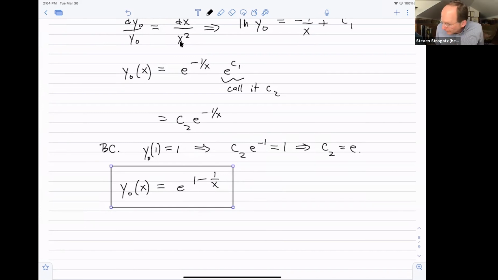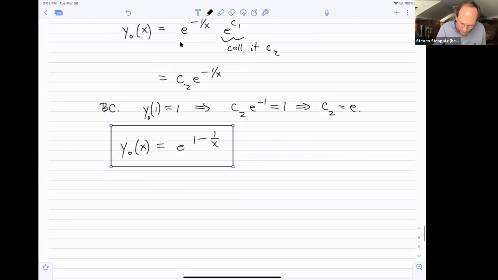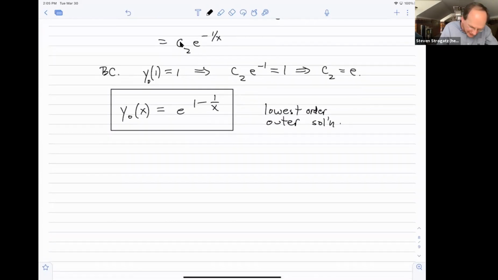Anyway, so there's y0. That's the outer solution at lowest order. Okay, now for the interesting part, which is the inner region. The reason I'm doing this is I want to show you can have a boundary layer of thickness other than order epsilon. So let's see what happens.